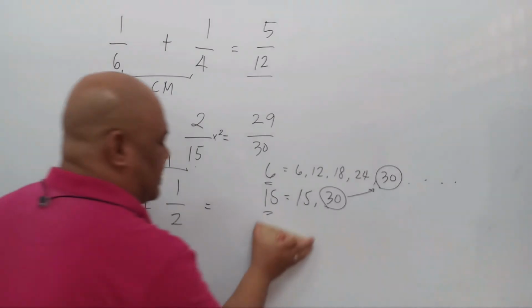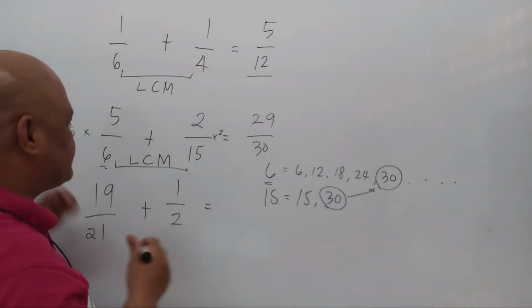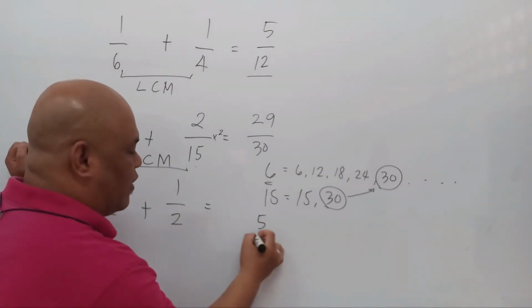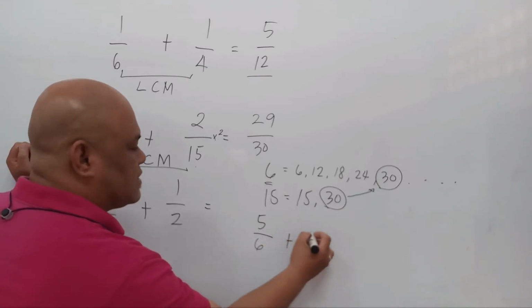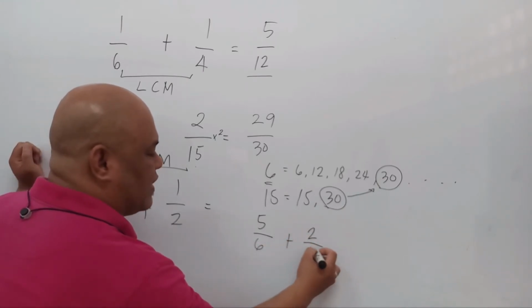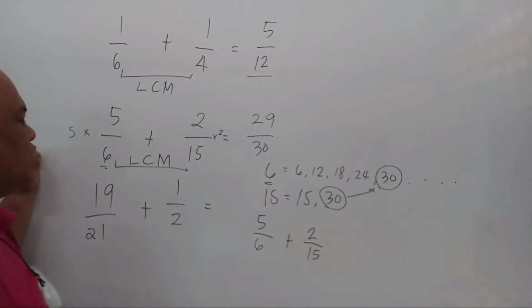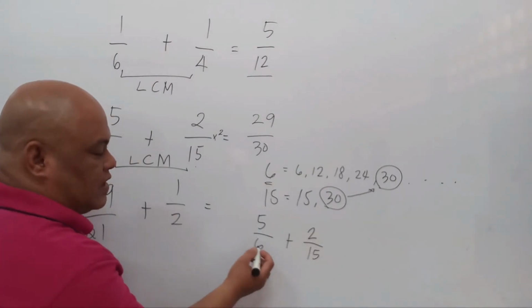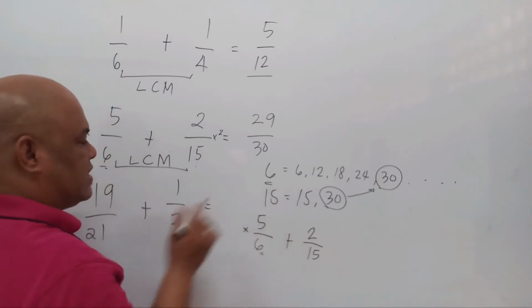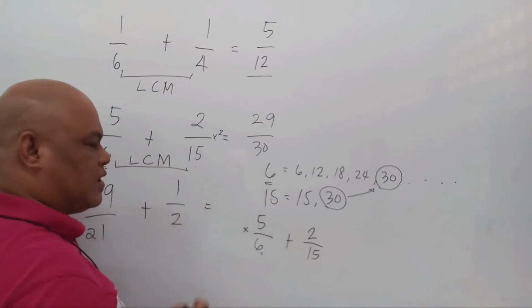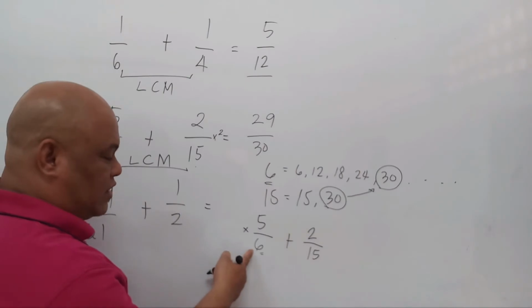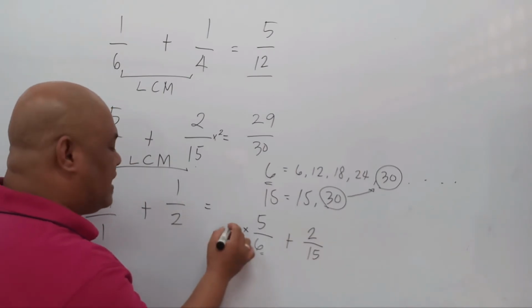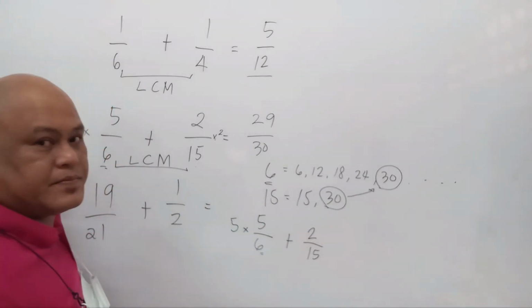Now, let's do this. 5 over 6 plus 2 over 15. So what you will do, like I said, to get the multiple of 6, you have to get the LCM. And the LCM is 30. To get the 30, you have to multiply by 5.